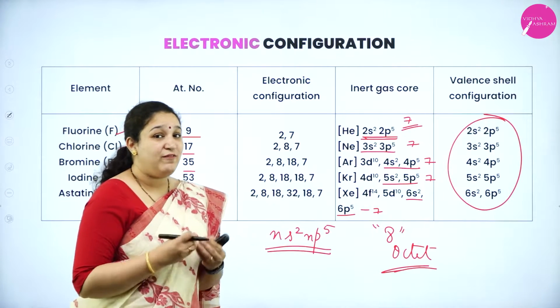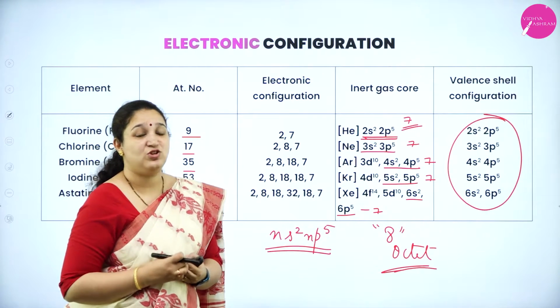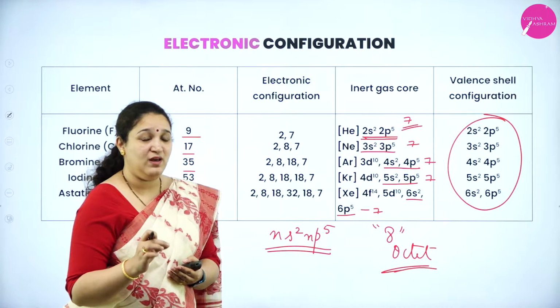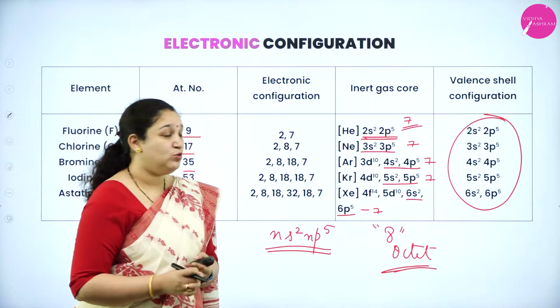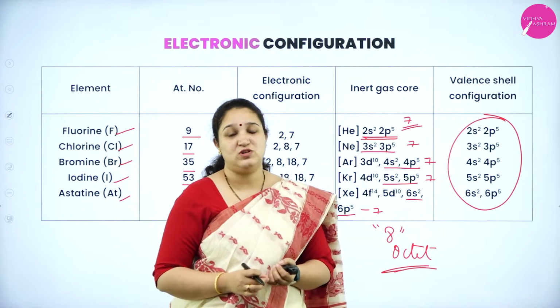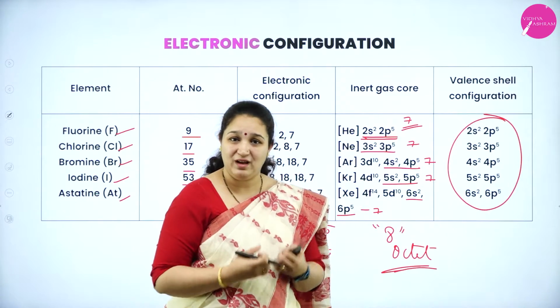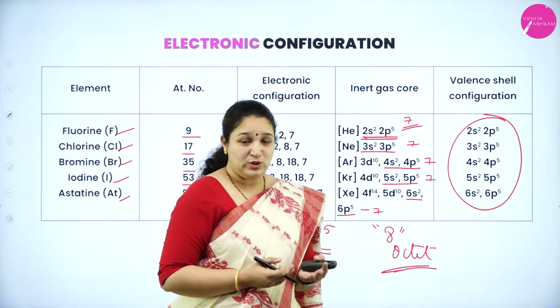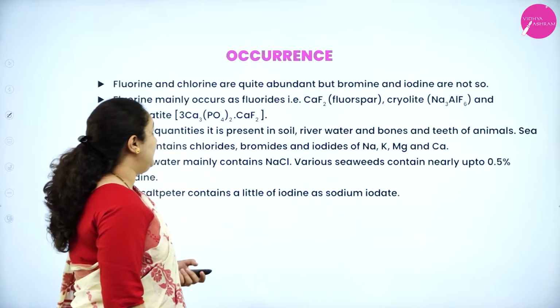So they have a very high electron gain enthalpy, and ionization enthalpy also will be very high. They do not want to lose electrons because it's easy for them to take up an electron than losing an electron. So about the properties I shall explain in detail.